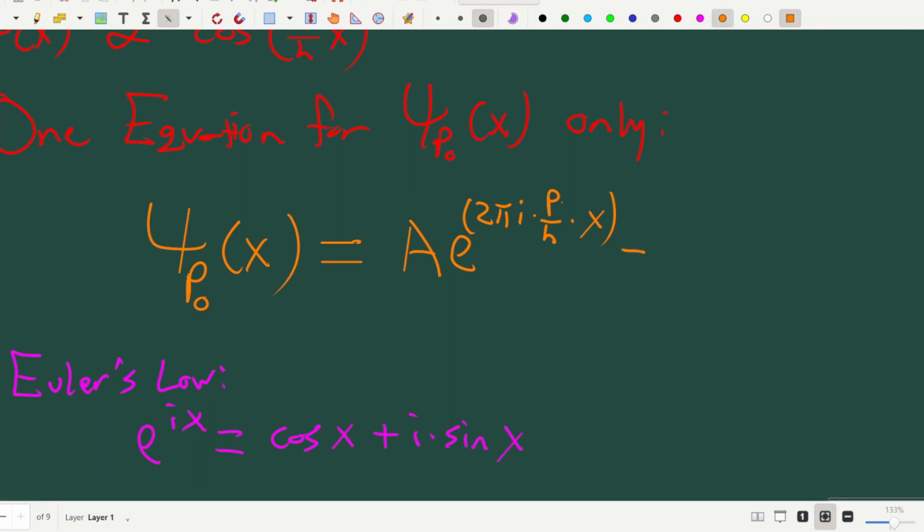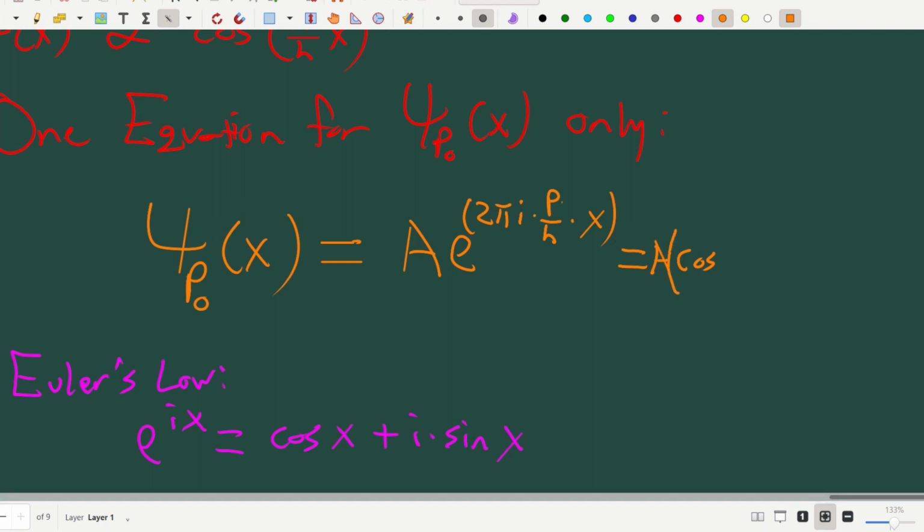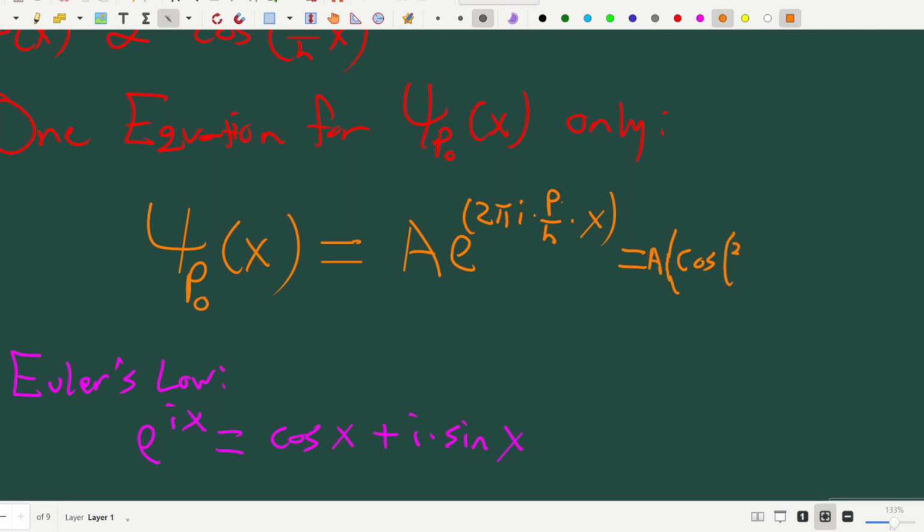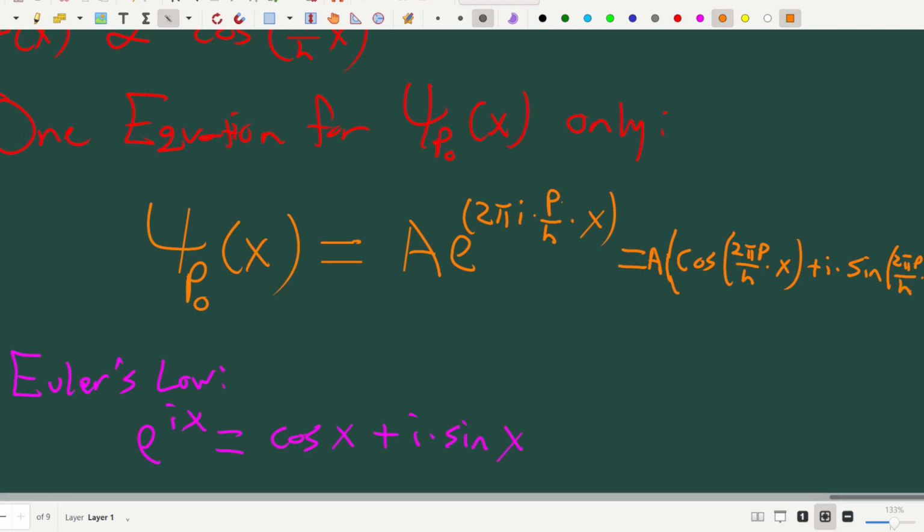So we can rewrite this as the amplitude A times cosine of 2 pi p over h times x, plus i times sine of 2 pi p over h times x.